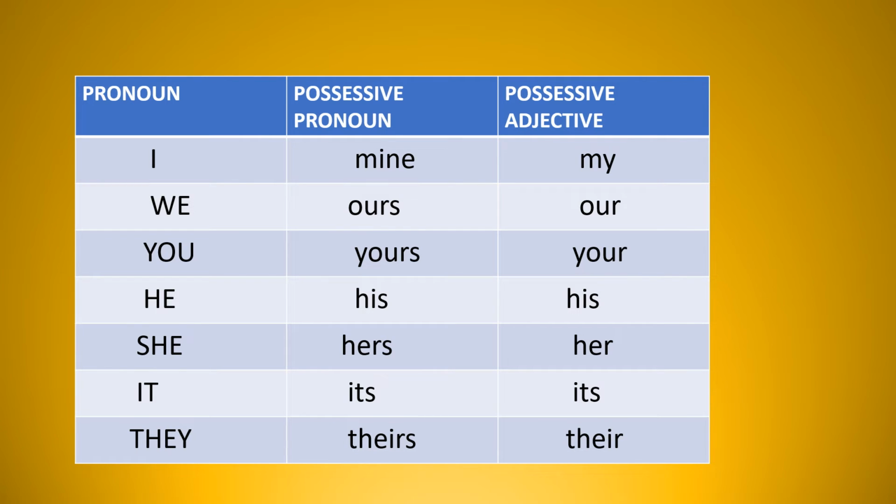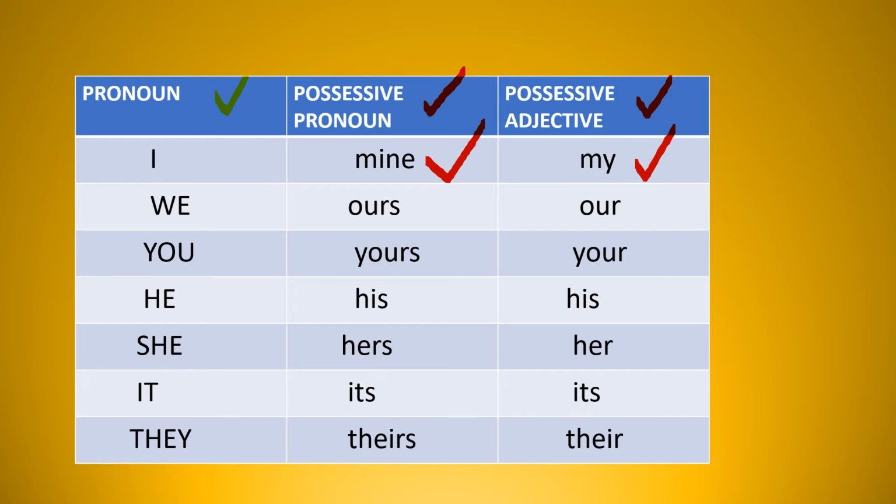Let's get a clear idea of the difference between possessive pronouns and possessive adjectives through a table. Subjective pronoun, possessive pronoun, possessive adjective. When I is the subject pronoun, mine is the possessive pronoun, my is the possessive adjective.